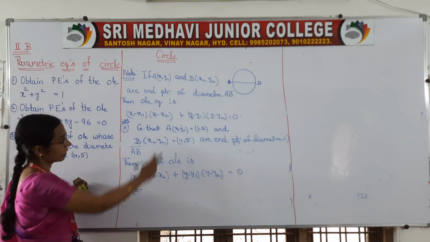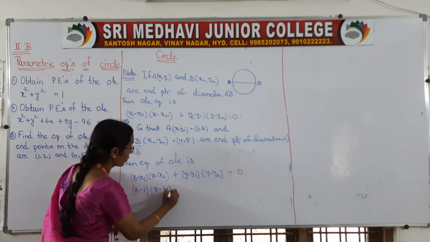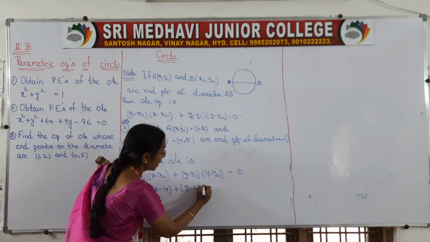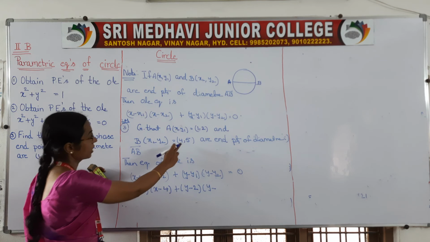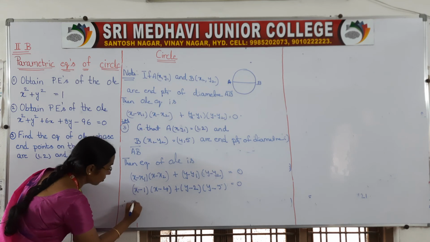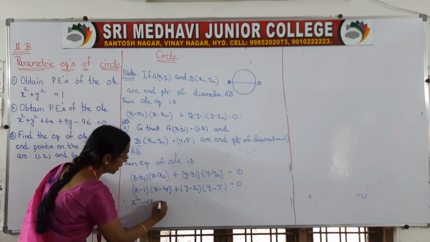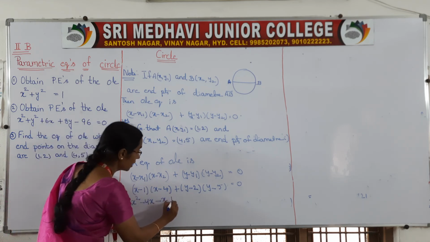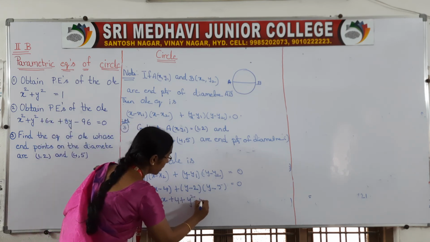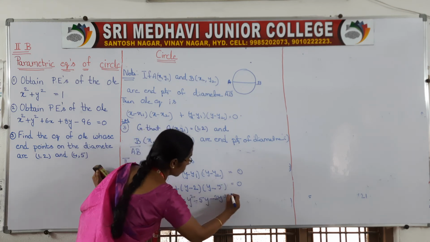Substitute: x minus 1, x minus 4, plus y minus 2 into y minus 5 is equal to 0. Just simplify: x into x is x square, x into minus 4 is minus 4x, minus 1 into x is minus x, minus into minus is plus 4. Similarly, y square, minus 5y, minus 2y, and minus into minus is plus, 2 fives are 10, is equal to 0.